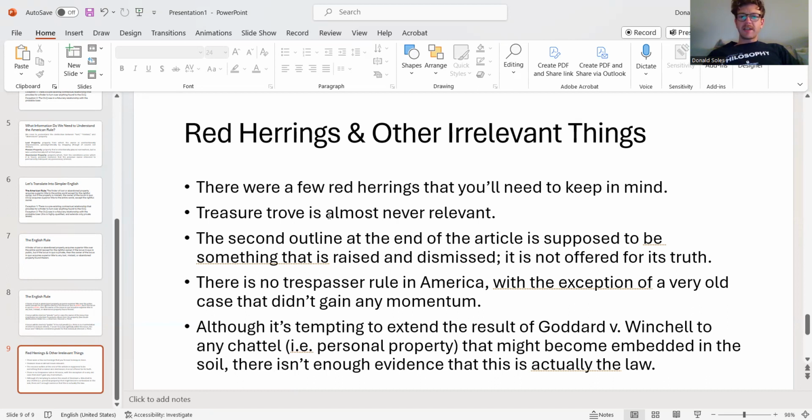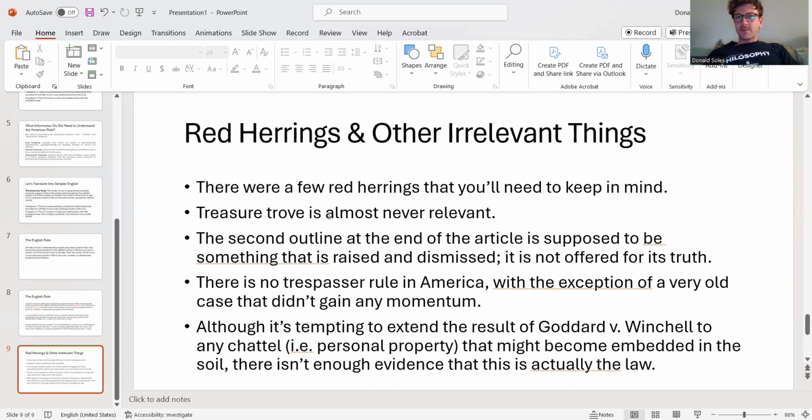Likewise, there's not enough support for the idea that chattel, that is personal property like a guitar or a telescope or something of that kind, could become embedded in the soil and therefore become part of the realty. The only case we read that lent some support to that proposition was, I believe, Yules versus Brigg Gas Company, in which they found a canoe.